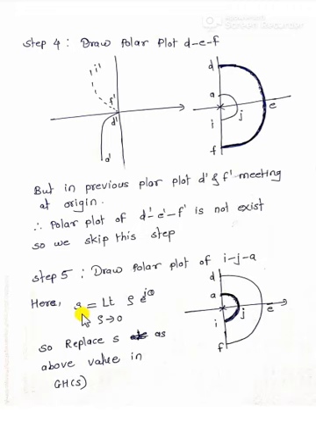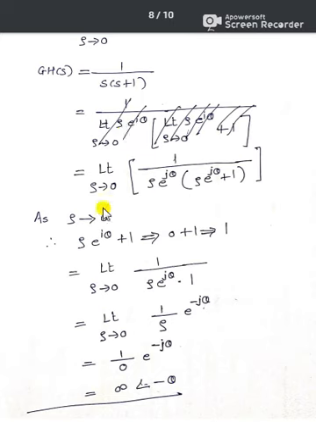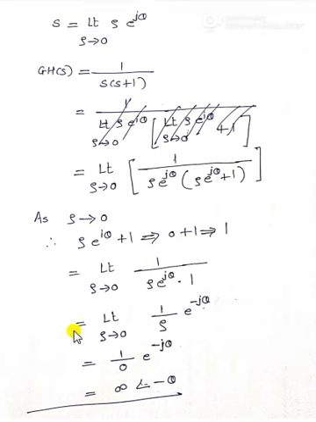Here S equation is limit rho e raised to j theta, rho tends to 0. This S value we are replacing in GH of S equation, 1 upon S into S plus 1. So limit rho tends to 0, 1 upon rho e raised to j theta, bracket rho e raised to j theta plus 1, and commonly we are applying the limit values.